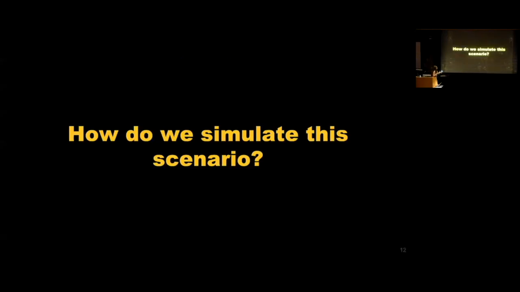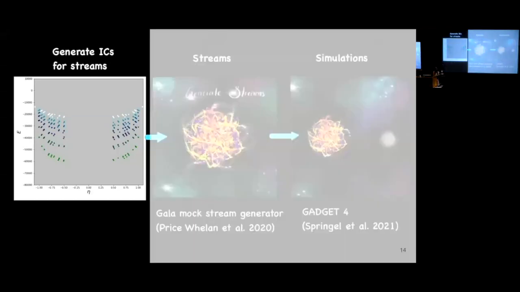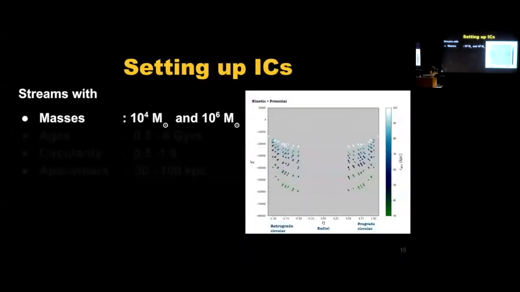So how do we simulate this scenario? How do we go about it? We do this in several stages, so let's go over them one by one, starting with generating the initial conditions for the streams and the two halos. We generate the initial conditions for the streams in a very systematic manner so that we know their exact masses, their ages, and their orbital properties.